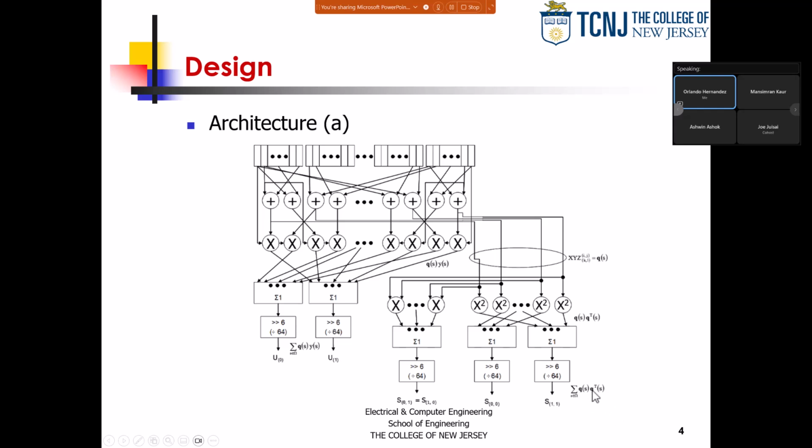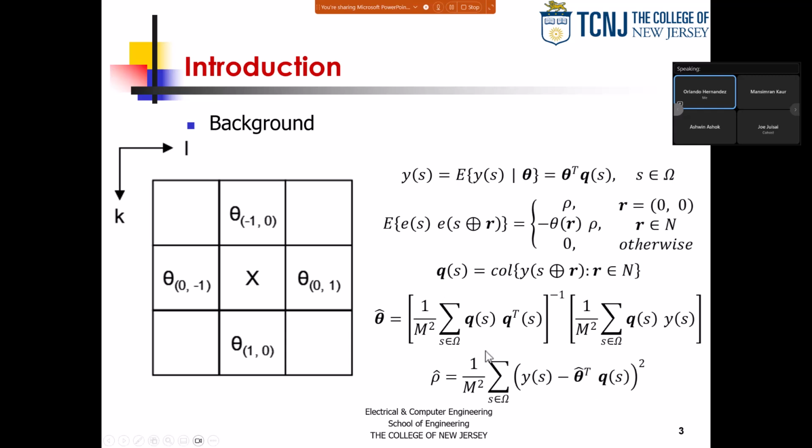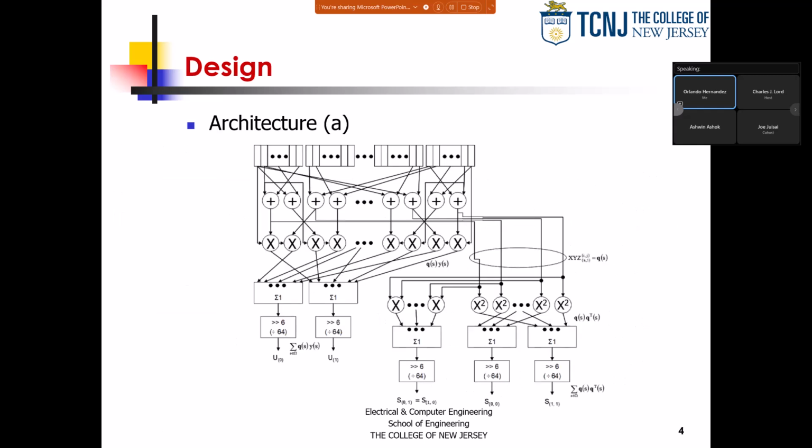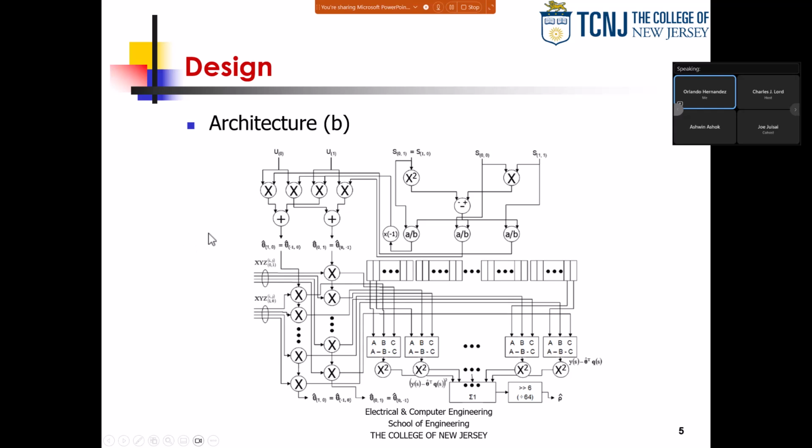So that again goes back to this part of the equation, this accumulation over here, and the appropriate scaling. So by this time in the architecture, we have the thetas calculated, which we can use to then calculate the rho. So in the second part, we have the thetas that propagate down to give us the final results.